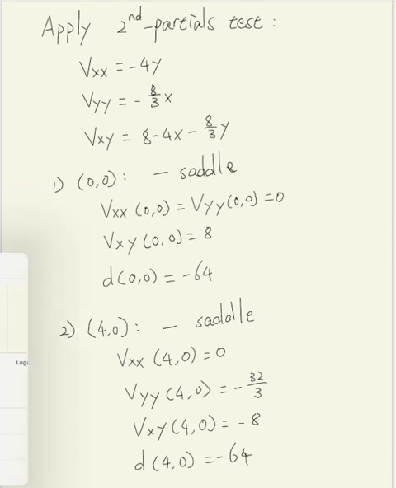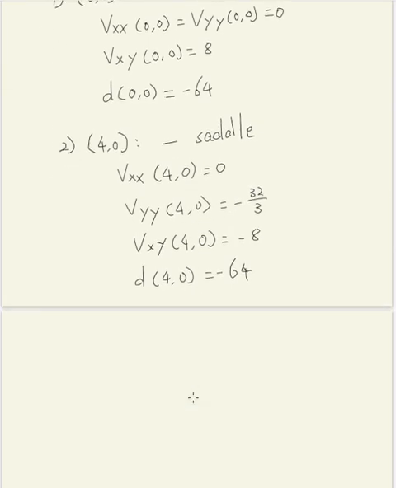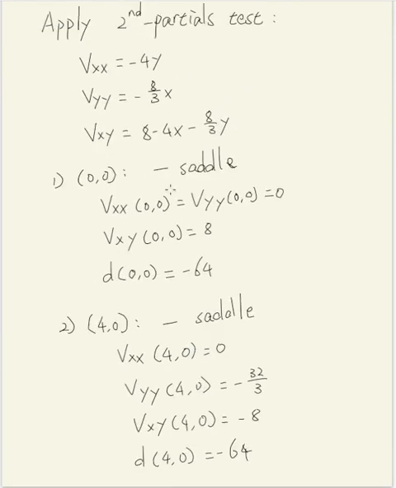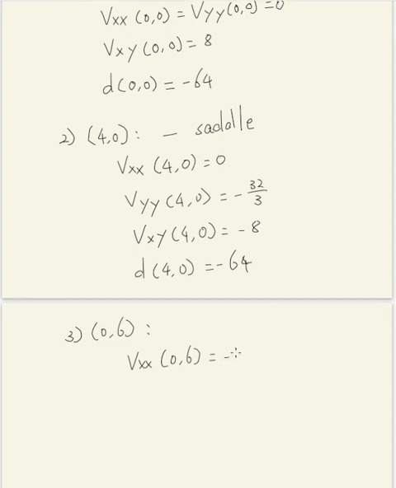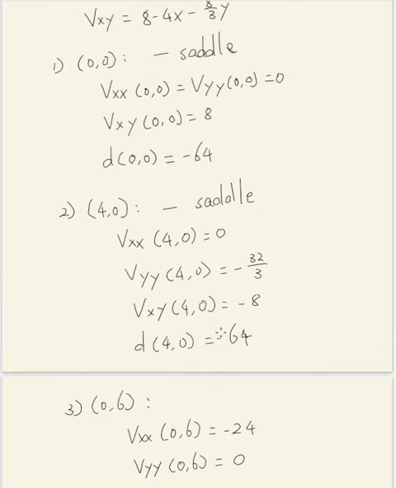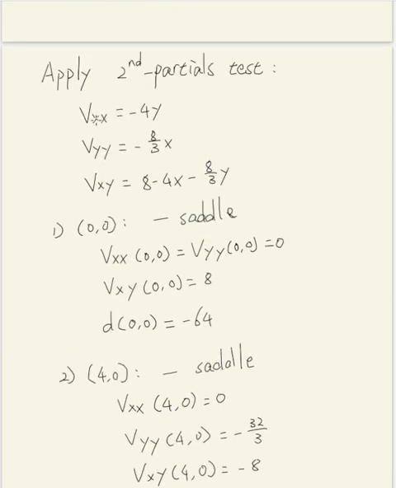All right, and the third one is 0, 6. Vxx at 0, 6 is minus 24. Vyy is 0. Technically, we didn't have to do all of that. Notice that Vxx depends on y entirely and Vyy depends on x entirely.